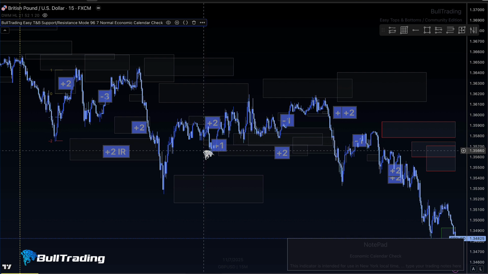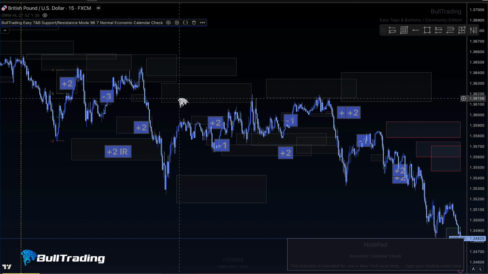This is for traders that are a little bit more seasoned. And of course, I like to use this mode because profitable trading is not to chase price. Profitable trading is about waiting.